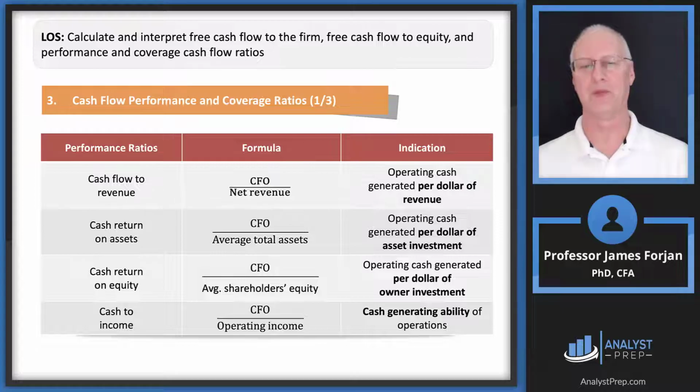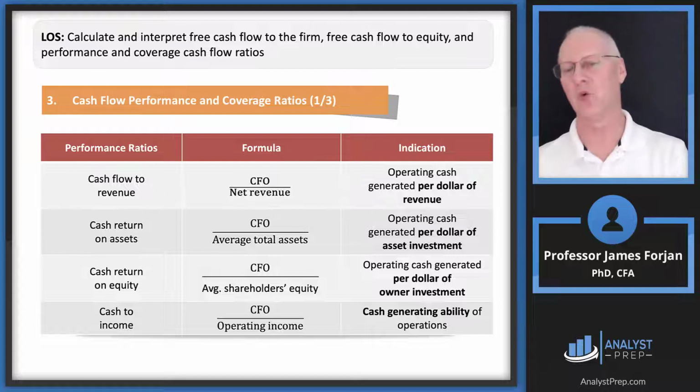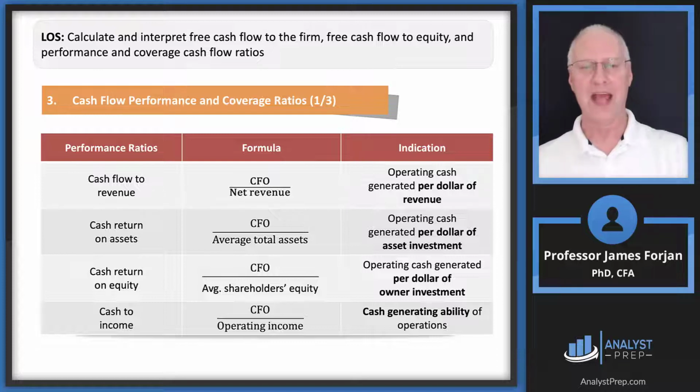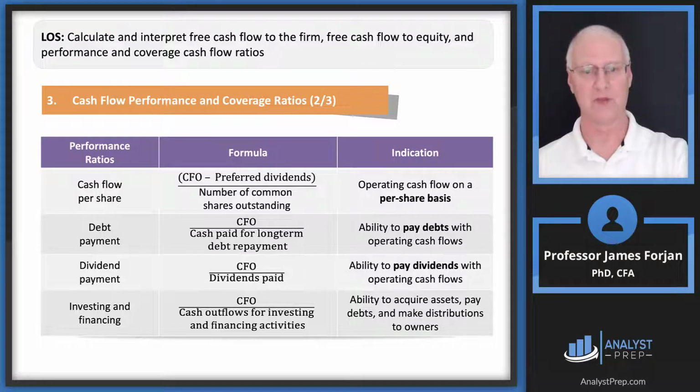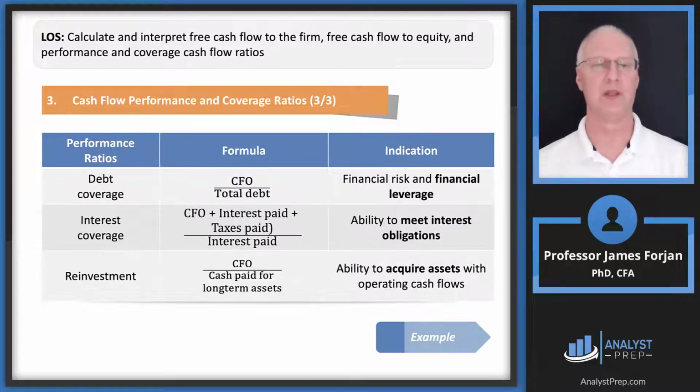So what do we want these numbers to be? We want these numbers to be 10%, 20%, 30%. And then depending on the denominator, like look over here, cash flow per share, debt payments, dividend payments, we might want these to be high. So it's relatively straightforward to interpret these ratios based on whatever is in the denominator.